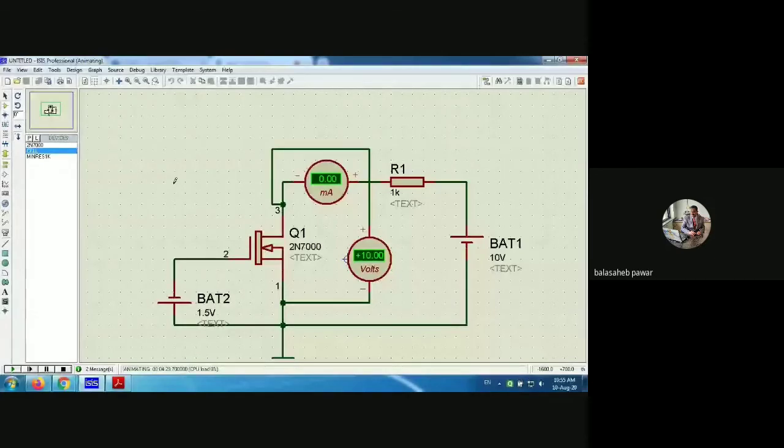That is for BJT. Have you learned these 3 characteristics for BJT? It was there, according to me. Was it there? Yes, sir. Just respond quickly.